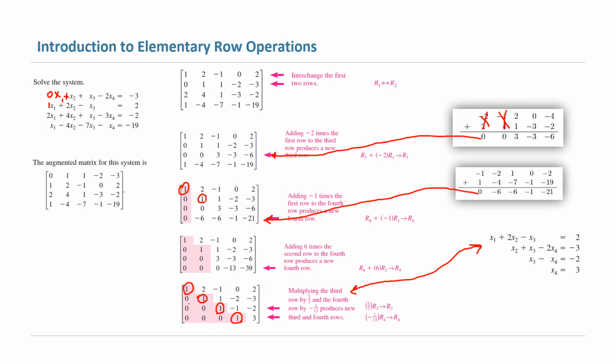From the second row, you get 0x1, 1x2 plus 1x3 minus 2x4 equals negative 3. And from the third row, you have 0x1 plus 0x2 plus 1x3 minus x4 equals negative 2, which is basically here. And from the fourth row, you have 1 times x4 equals 3.